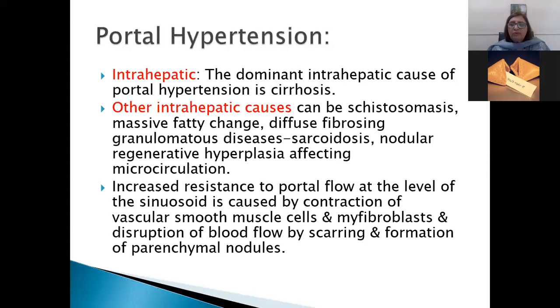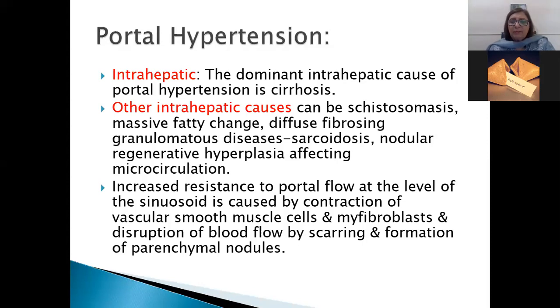Increased resistance to portal flow at the level of the sinusoid is caused by contraction of the vascular smooth muscle cells and myofibroblasts, and disruption of blood flow by scarring and formation of parenchymal nodules. So cirrhosis is one of the leading causes of portal hypertension. The other causes are sarcoidosis, nodular regeneration, and diffuse granulomatous inflammation, which can resist blood flow in the sinusoids of the liver.